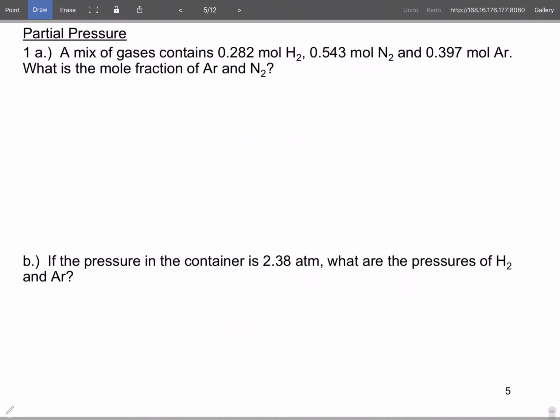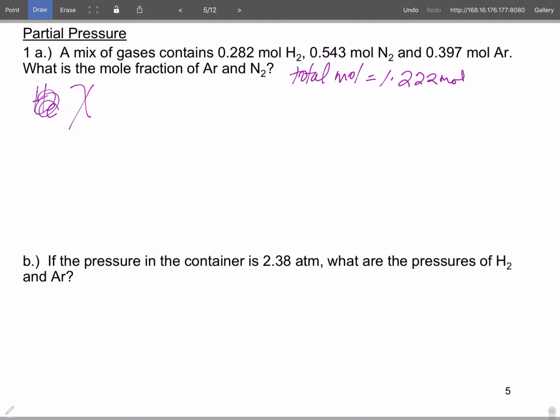So for 1A, a mixture of gases contains moles of hydrogen, nitrogen, and argon. What's the mole fraction of argon and nitrogen? Well, the first thing we need to do is calculate the total moles, which is 1.222 moles. I'm going to go ahead and do all of them.